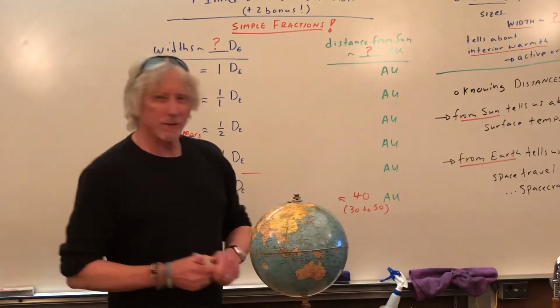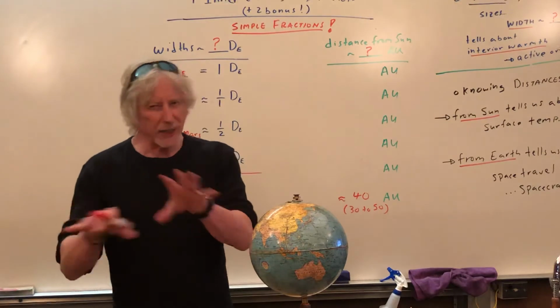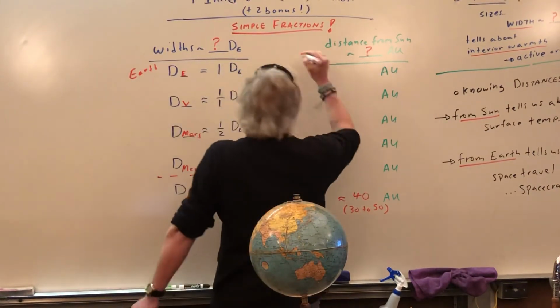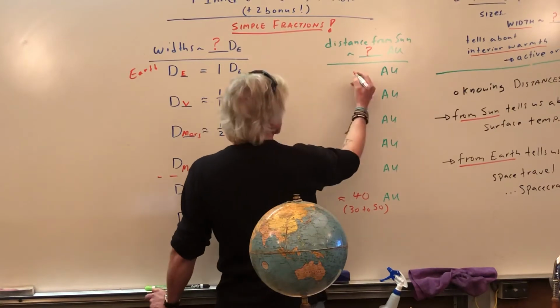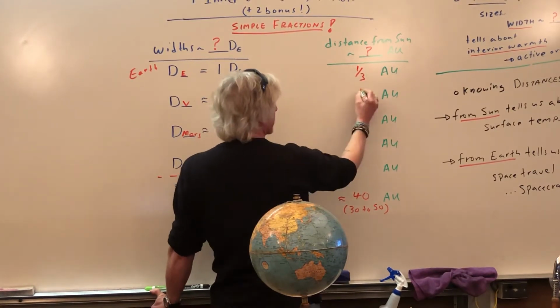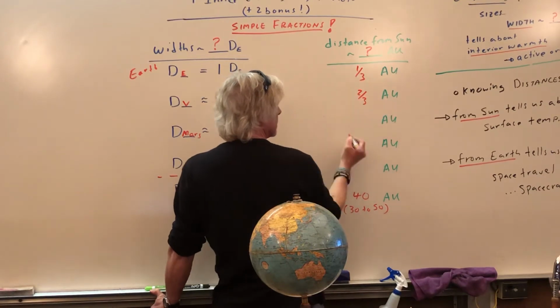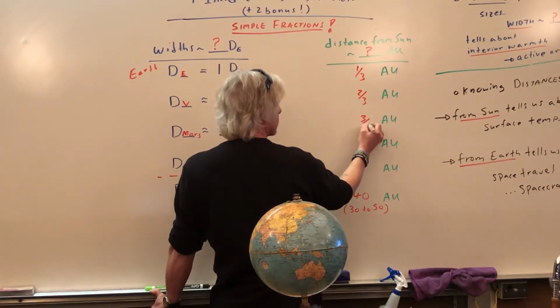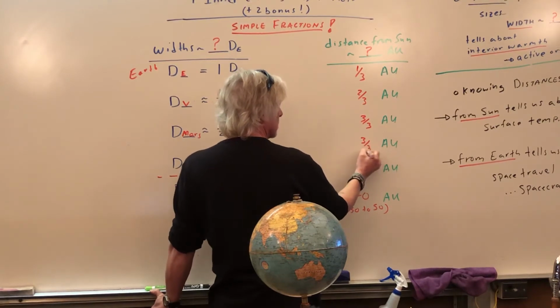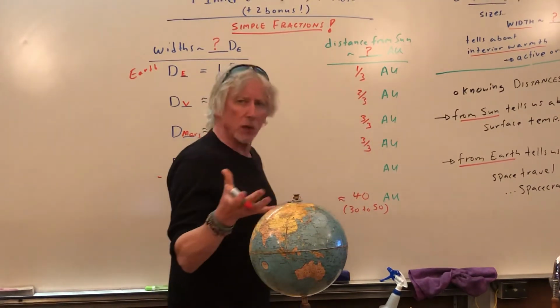Because now I kind of gave you the answer, I could have done it another way. I could have just put this up. The simple fractions here are not the same as those over here. I've got a 1/3, I've got a 2/3, I've got a 3/3, and these are approximate, right?